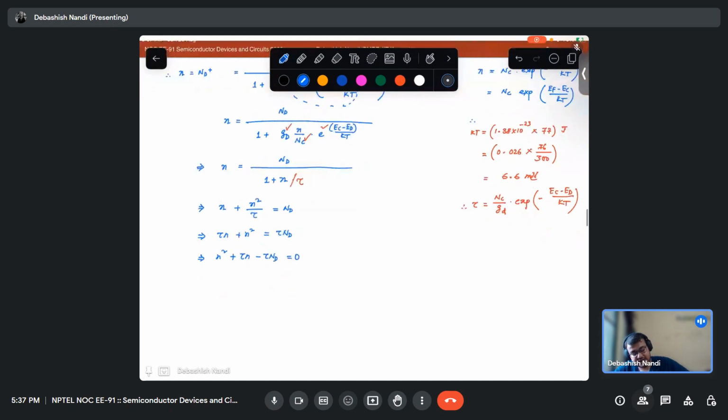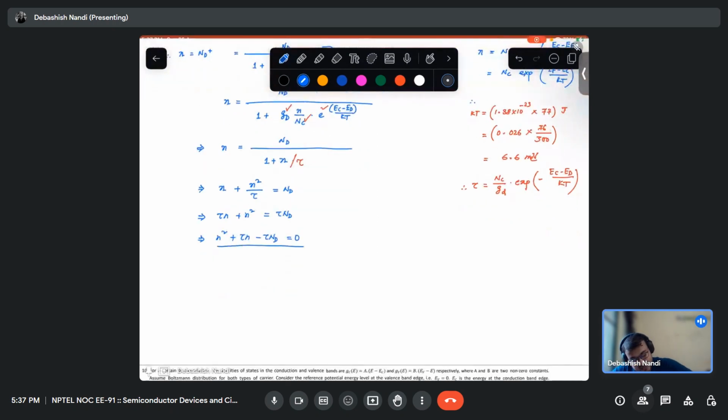So this is a quadratic equation. I can solve this as N equals minus tau plus minus root of tau square plus 4 tau into Nd, over 2. That would be minus tau over 2 plus minus root of tau by 2 whole square plus tau into Nd.